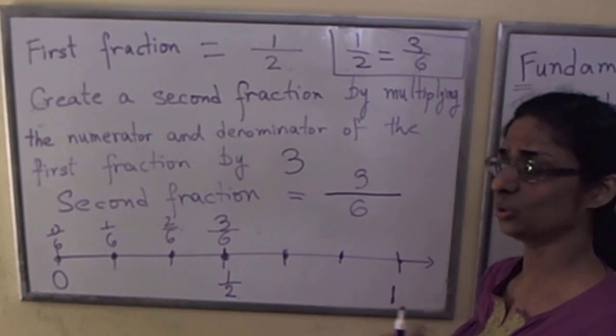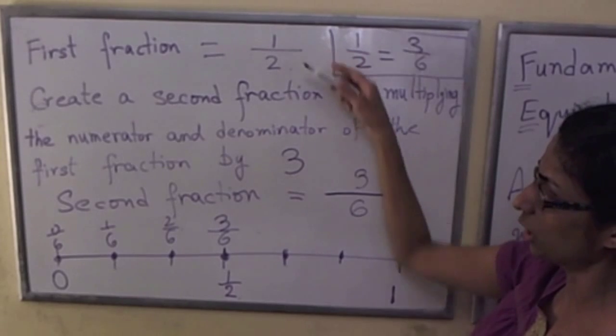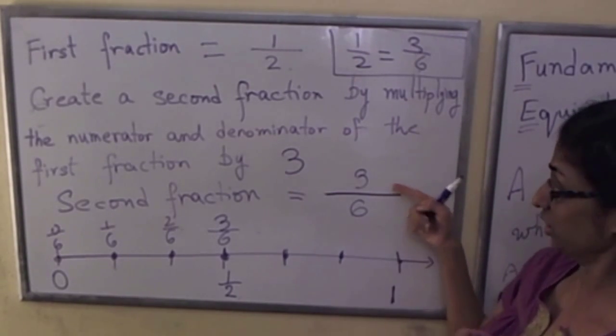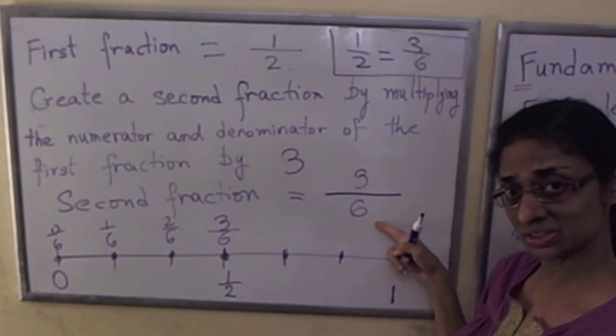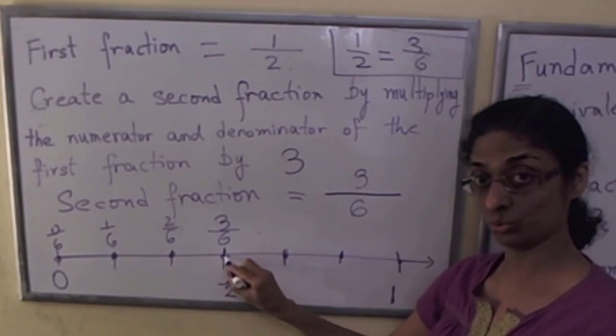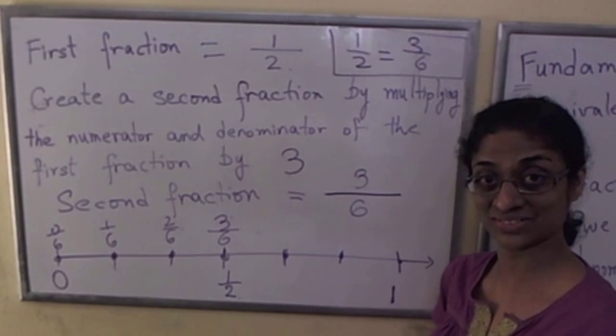What are you beginning to notice if you start out with a fraction and you multiply the numerator and denominator by the same whole number, and you get a second fraction? What is our experience telling us? In the past, you saw 1/2 is the same as 2 over 4. Now you're saying 1/2 is the same as 3 over 6.